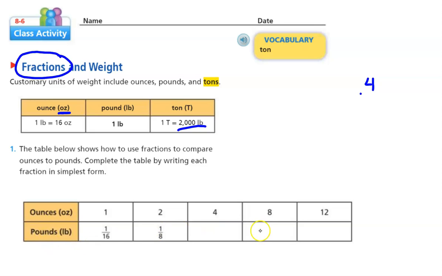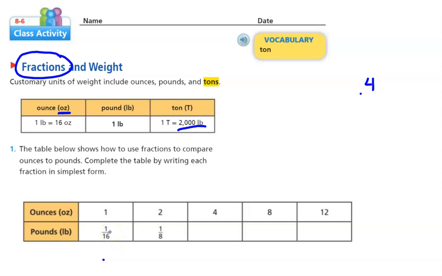So that's where this table kind of comes in handy. They're telling you that rather than just looking at something and figuring out how many ounces are in it, we could take a number of ounces and figure out what fractional part of a pound that is. So for example, if you had 1 ounce, which is a very small amount of something to measure, the way that we would write that in pounds is 1/16.